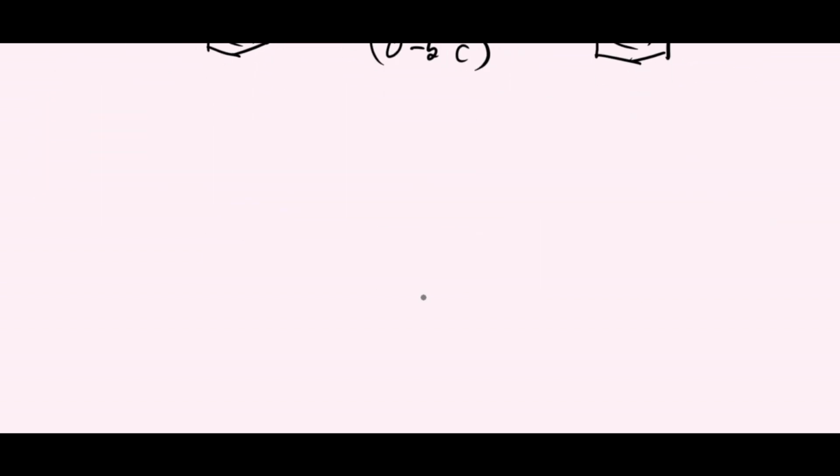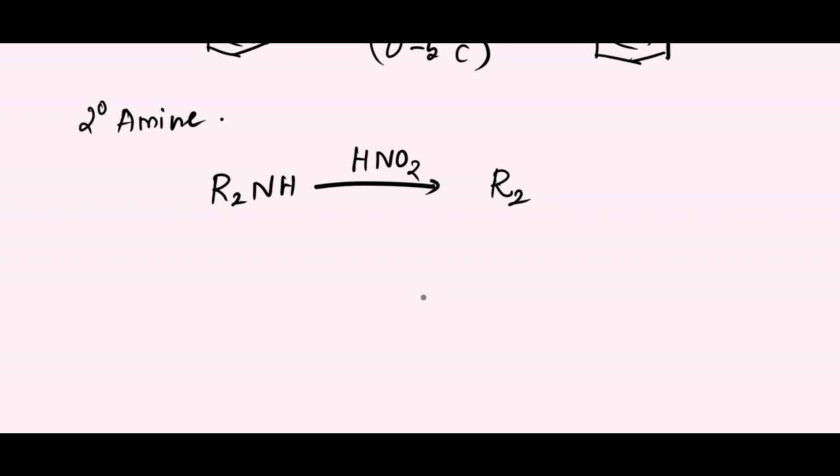Okay, and with secondary amine, R2NH, it is producing nitrosoamine. How can we differentiate it while it is forming? This N-nitrosoamine looks like a yellow oily liquid.